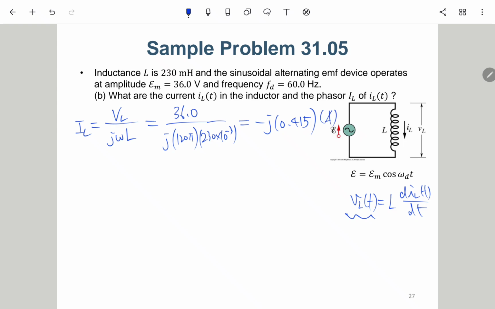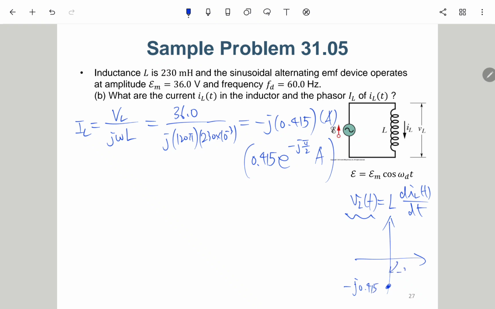This is A, or if you would like to write it in polar form, it would be 0.415 exponential to negative j pi over 2 A. So this is a negative j something, which means it is here, negative j 0.415.